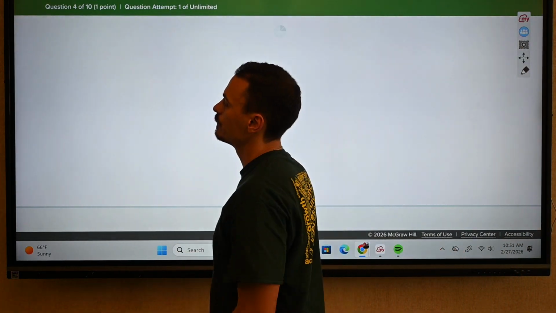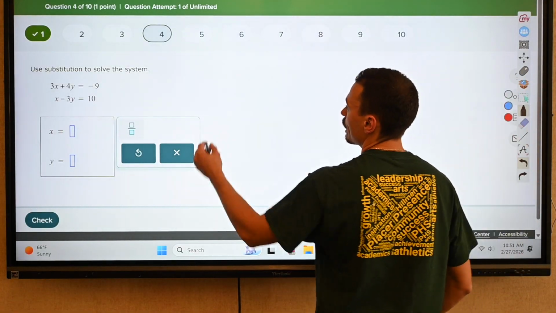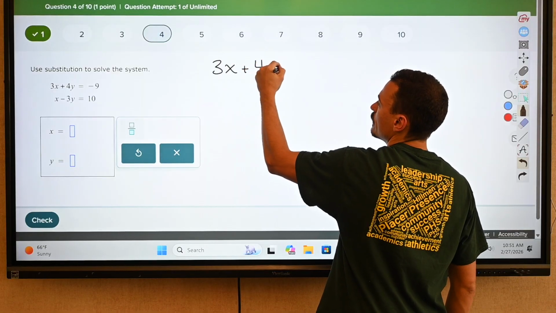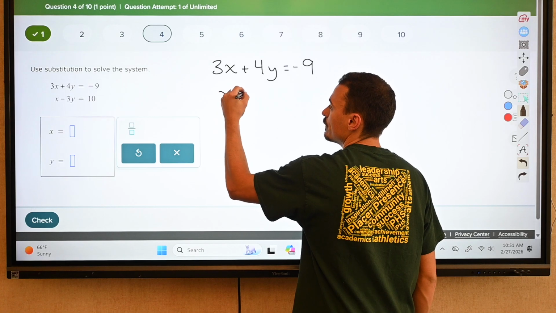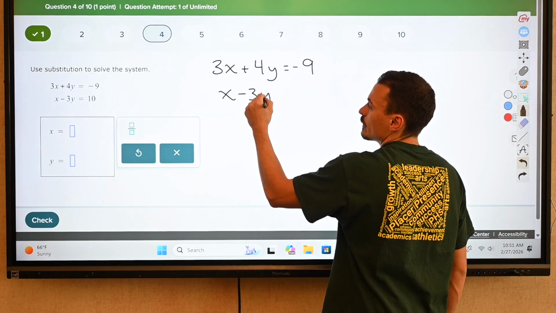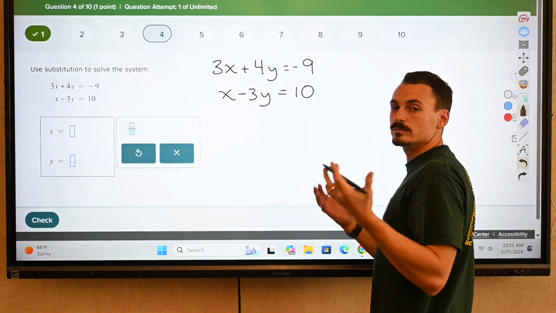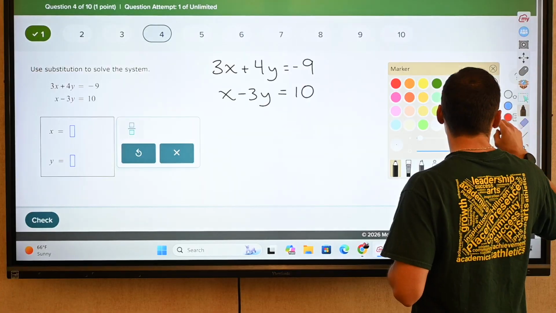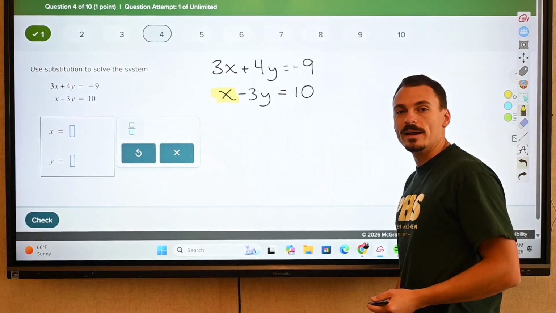Let's go to number 4. We have 3x plus 4y equals negative 9. So now it's getting a little harder. Here's why: now we don't know what a letter is equal to. But we do have this x all by itself.